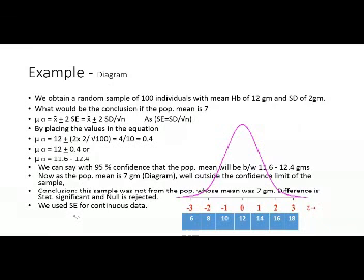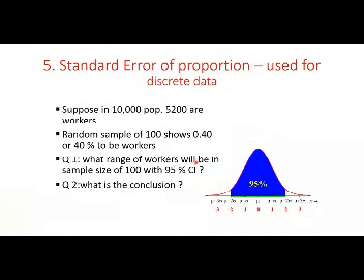So we use standard error for continuous data. Next test is standard error of proportion. This is used for discrete data. Suppose in a population of 10,000, 5,200 are workers.